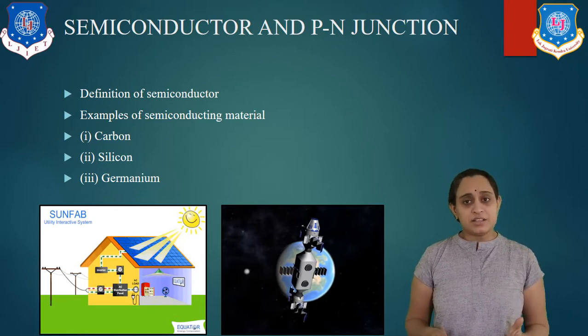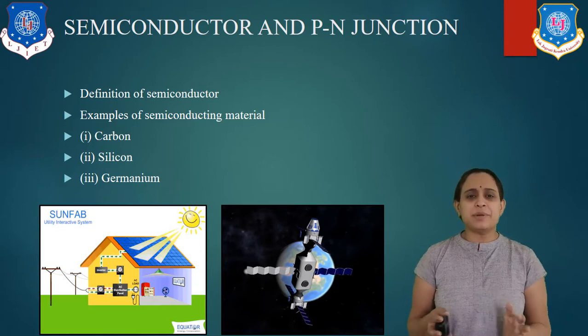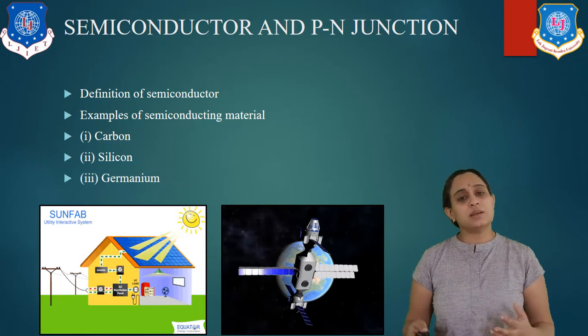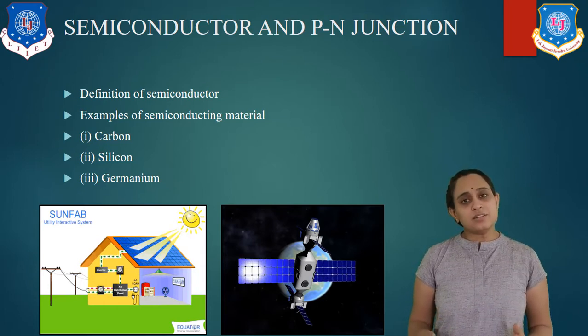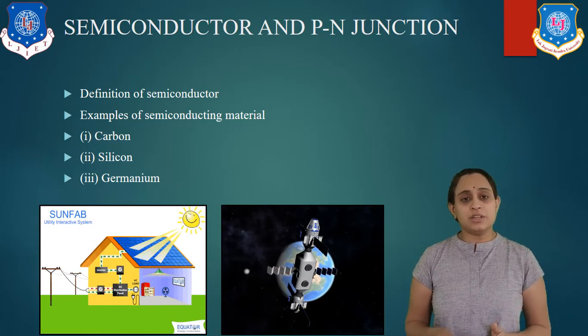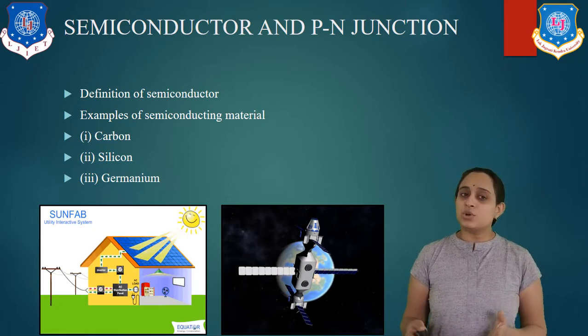They are materials which have a conductivity between conductors, generally metals, and non-conductors or insulators, such as most ceramics. Semiconductors can be pure elements such as silicon or germanium, or compounds such as gallium arsenide or cadmium selenide.